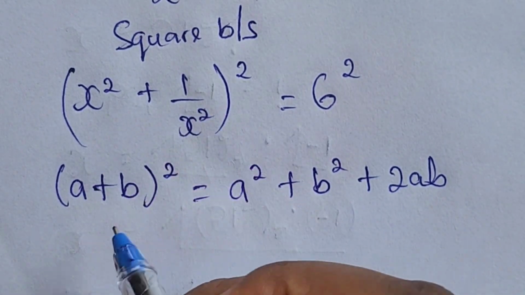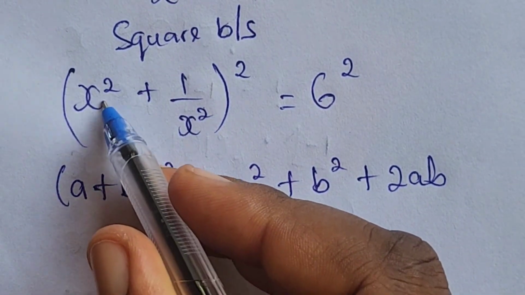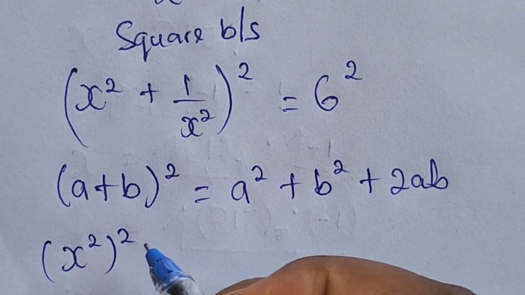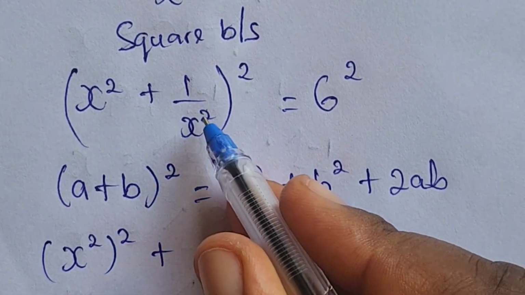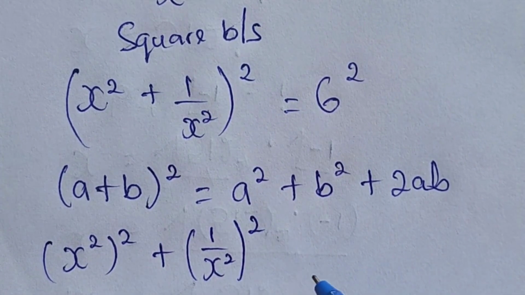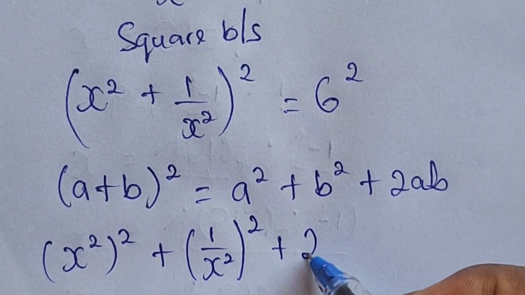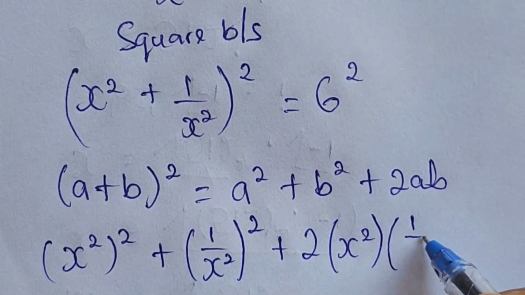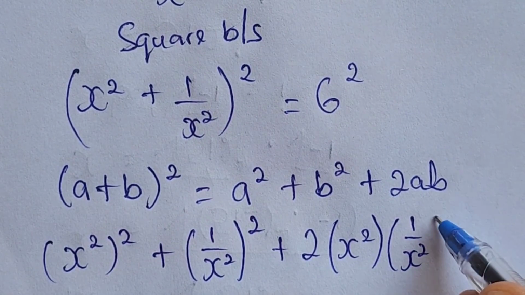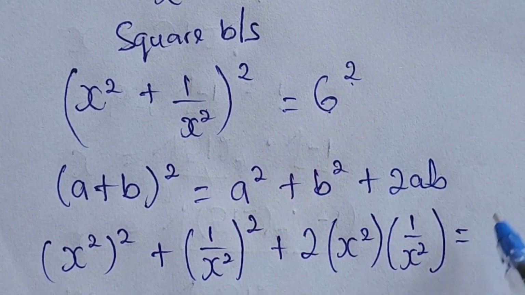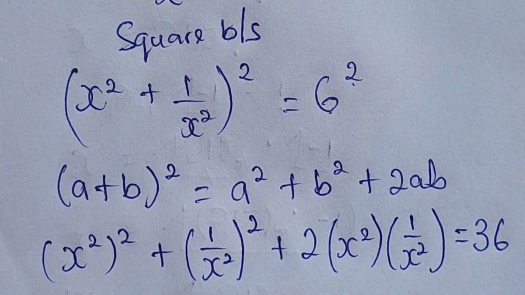So our left hand side becomes, we have x squared further raised to the power of 2, plus we have 1 over x squared further raised to the power of 2, plus we have 2 times x squared times 1 over x squared, all equal to, our 6 to the power of 2 is 36.